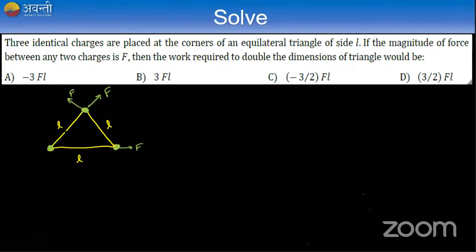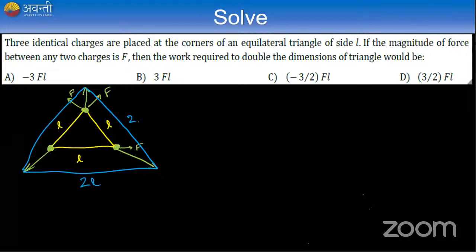If the force between any two charges is F, now if I have to move these charges in this direction such that I get a bigger triangle of side length 2L, what should be my work done?